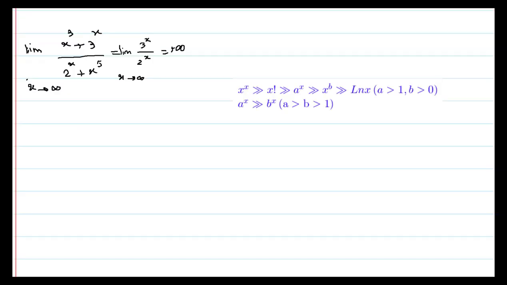For example, consider the limit of 3^x plus 3x over 2^x plus x^5 when x approaches infinity. In computing the limit at infinity, we consider the term with the largest degree or the strongest power.